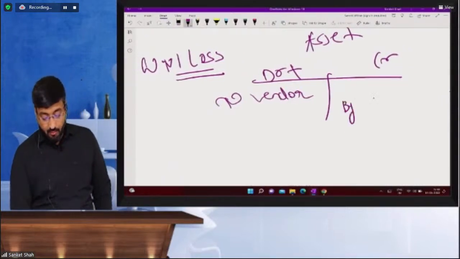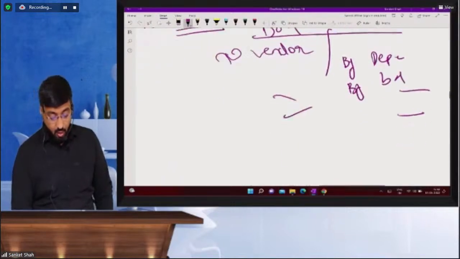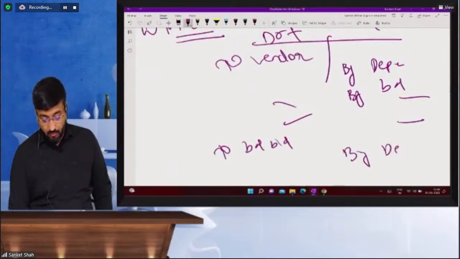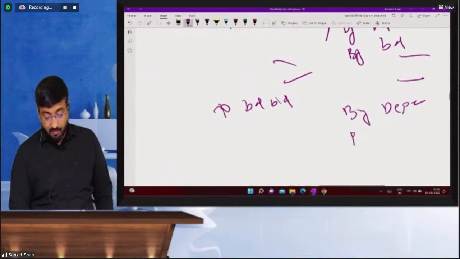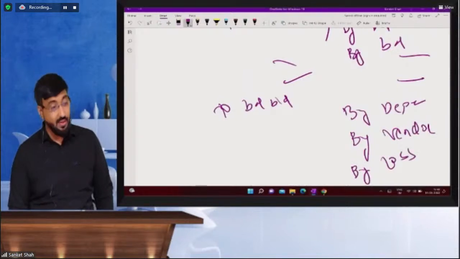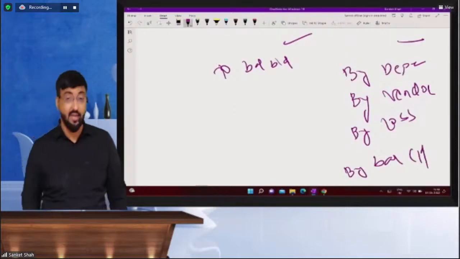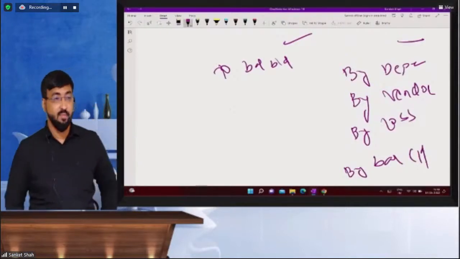Here you will write by depreciation and by balance carried down. To balance brought down, by depreciation. If he purchased some goods, he repossessed some goods, so by vendor. And whenever you are calculating by vendor, you will calculate by loss on repossession, and this will be your by balance carried down. These are some notes for you.